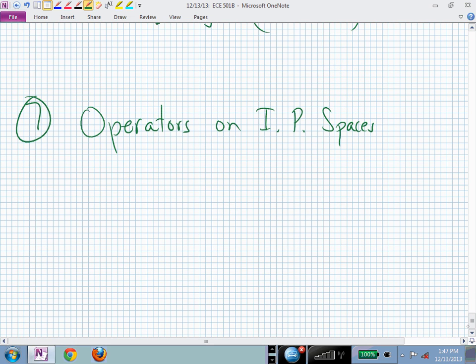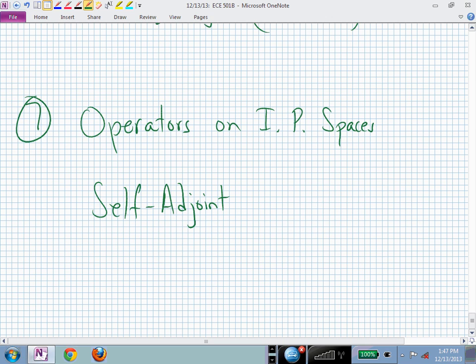Now we can start introducing all sorts of new kinds of operators. Again, an operator is mapping from V to V. Playing in that space, we can also measure distances and angles because V is now an inner product space.